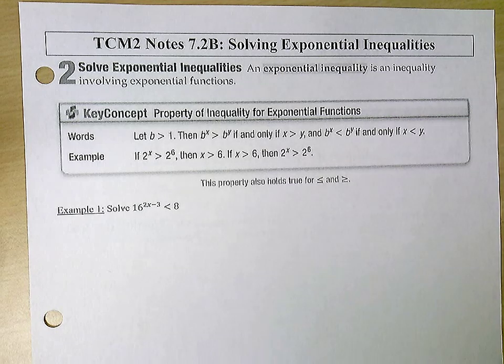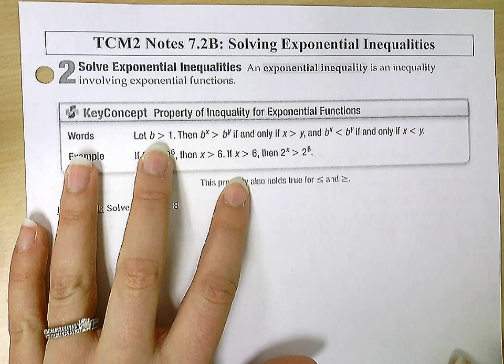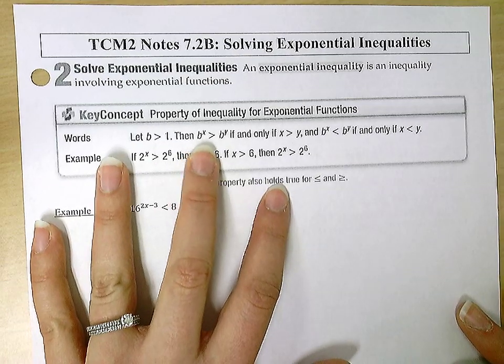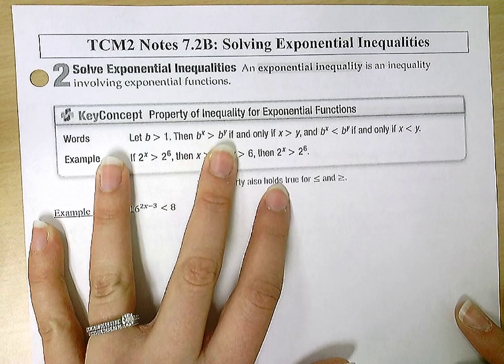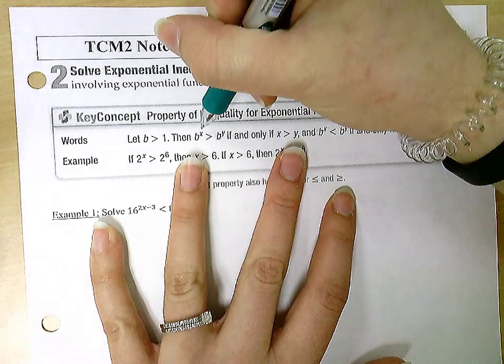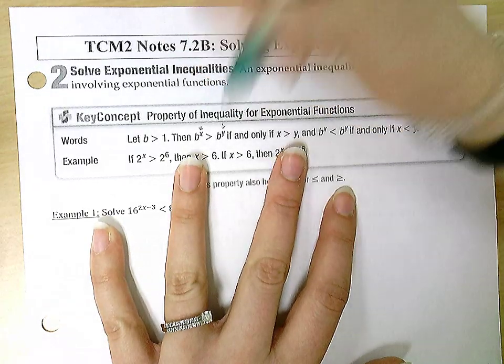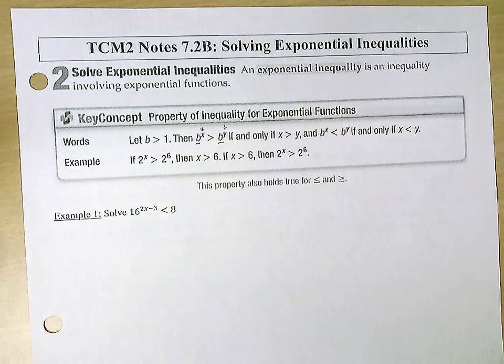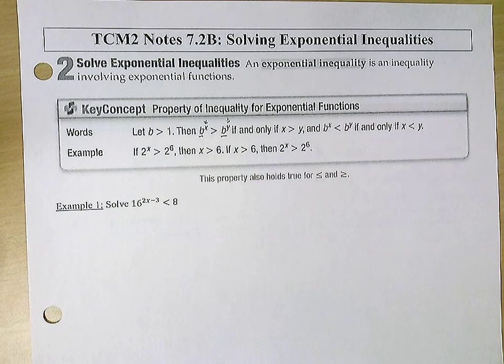So our property here: if b is greater than 1, then b to the x power is greater than b to the y power if and only if x is greater than y. So again, we're looking at these exponents, and they need to have a common base. Your base needs to be the same in order for you to say x is greater than y.